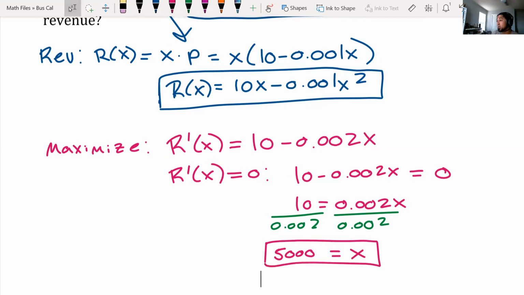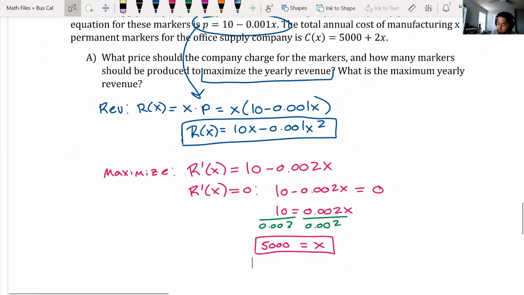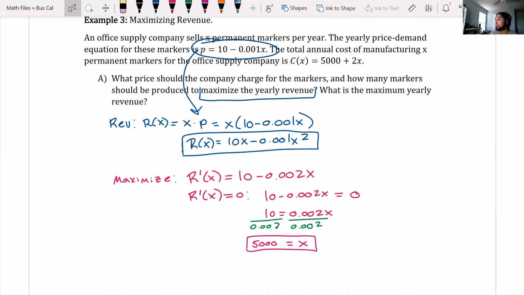What this means, if we look back at the problem, is that x represents the number of permanent markers. So x is our critical number that we find from the first derivative. Since we're maximizing, at 5,000 markers we're going to have a maximum revenue, and we're going to know the price to sell these markers at.